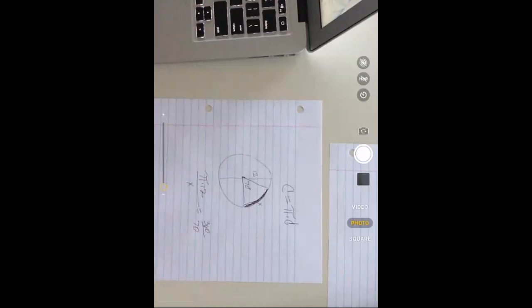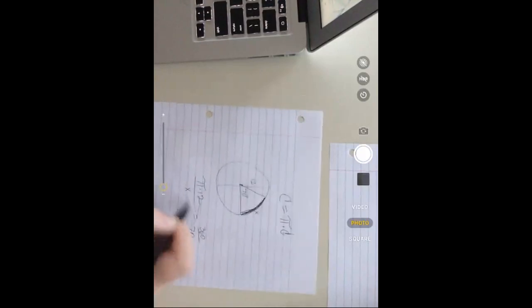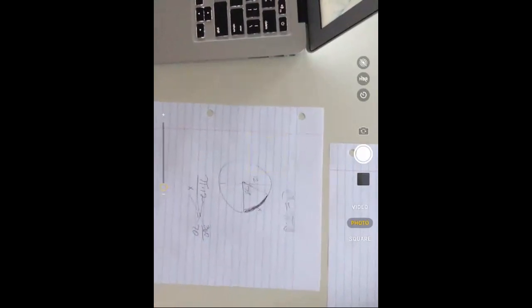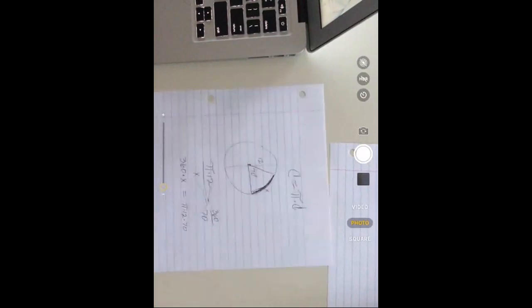When you have a proportion, there's a quick, easy way to solve it. It's called cross products. You multiply this times this, and this times this. So 360 times x, that's what I'm trying to find, equals pi times 12 times 70.